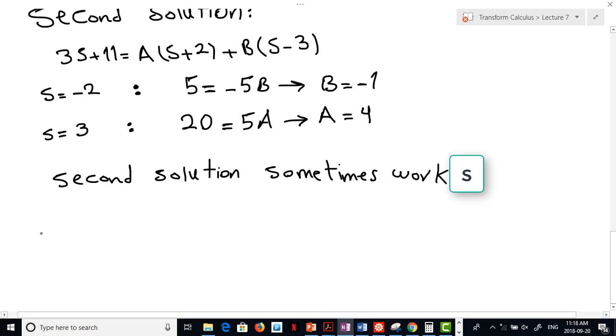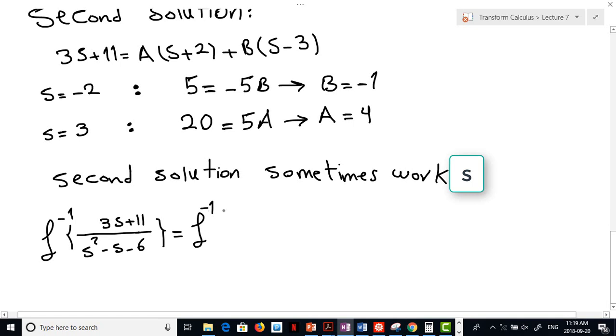So let's go back to our example. We wanted to find the Laplace inverse of (3s + 11) over (s squared minus s minus 6). So we said using partial fractions, it's equal to 4 over s minus 3 minus 1 over s plus 2.